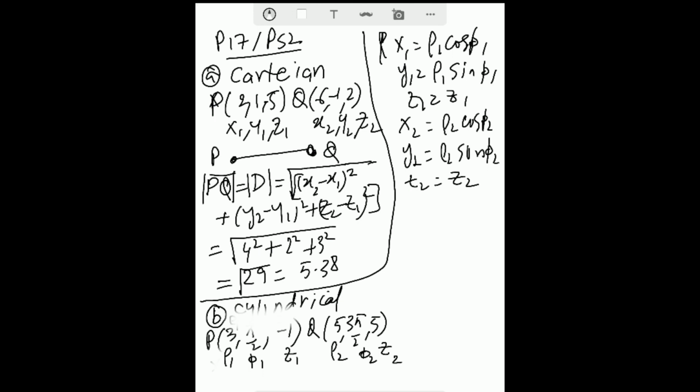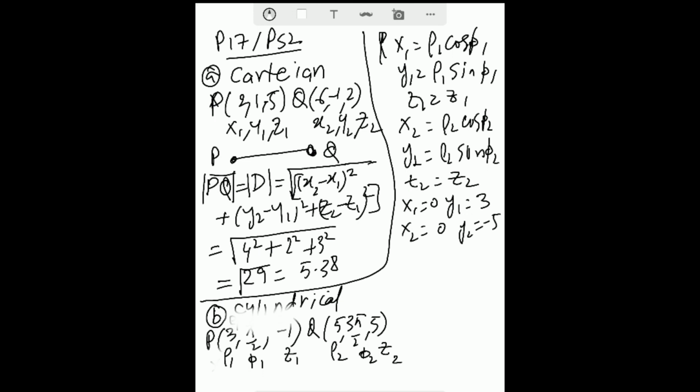So these values, if I calculate them, come out to be x1 equal to 0, y1 equal to 3, x2 equal to 0, and y2 equal to minus 5.